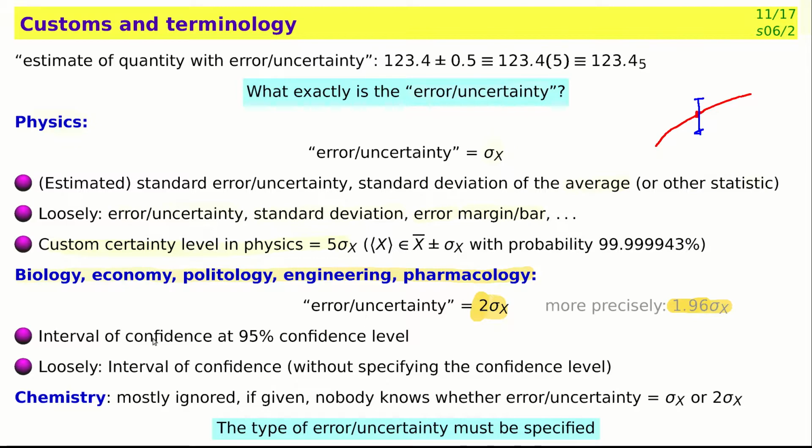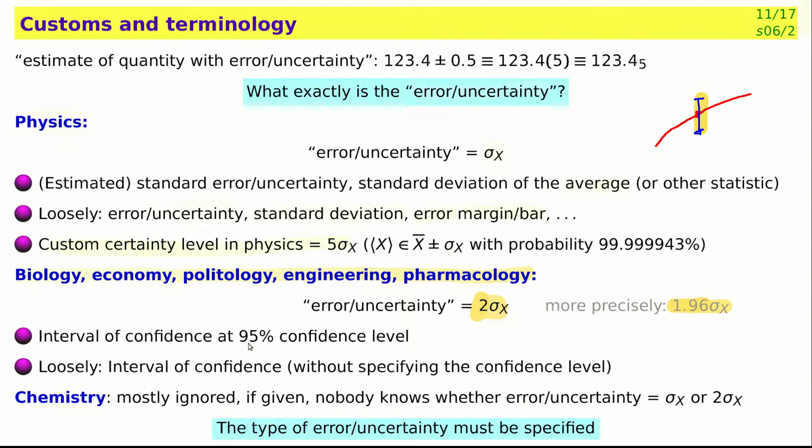It means that they provide here the interval of confidence at 95% confidence level. That is, other conditions are satisfied, like the Gaussian distribution.